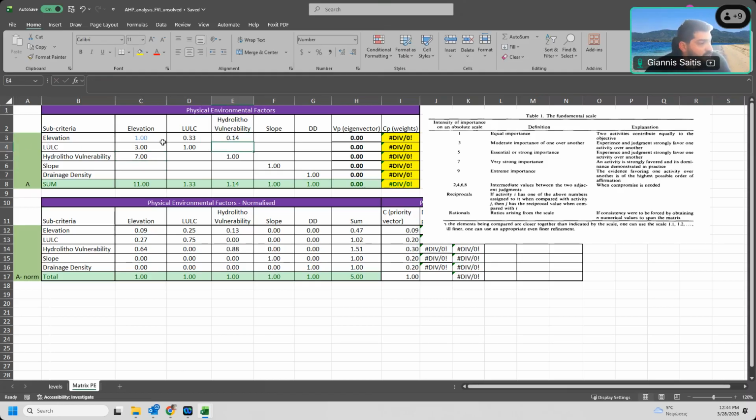Good. Elevation to slope. I remind you that most floods occur where you have changes in the slope from higher angles to lower slopes. This is the place where most floods start occurring. Higher slope means higher velocity of the water.